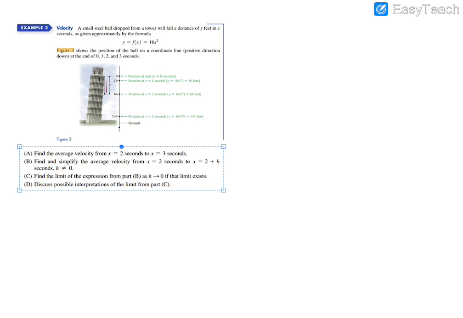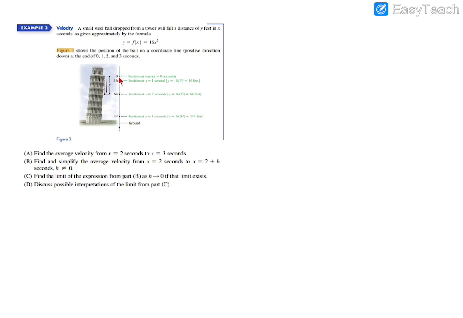Figure 3 shows the position of the ball on a coordinate line, positive direction down, at the ends of 0, 1, 2 and 3 seconds. Here is the figure for this situation.